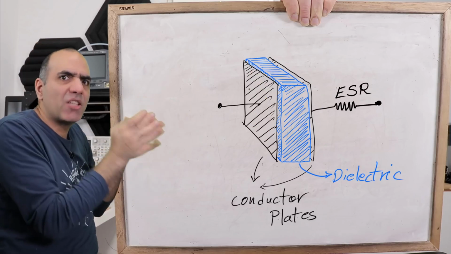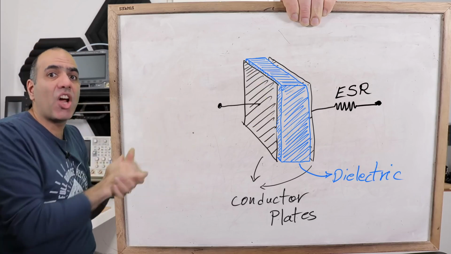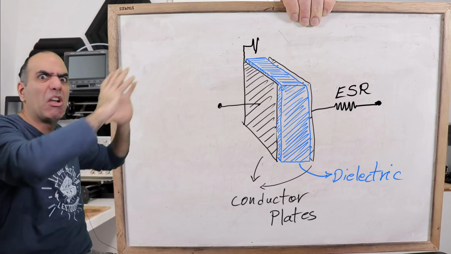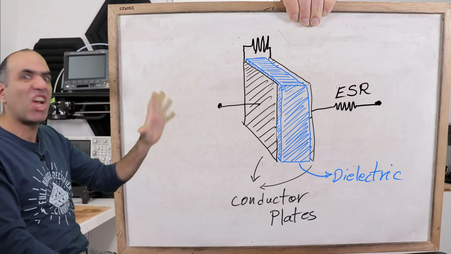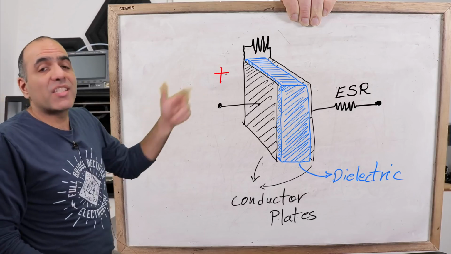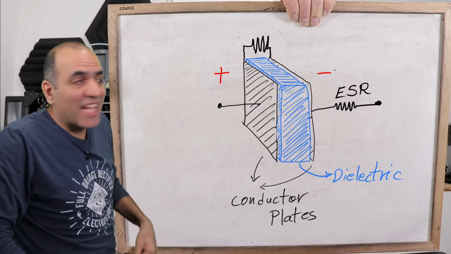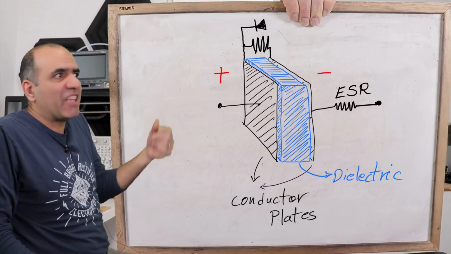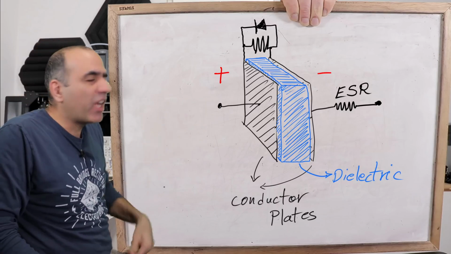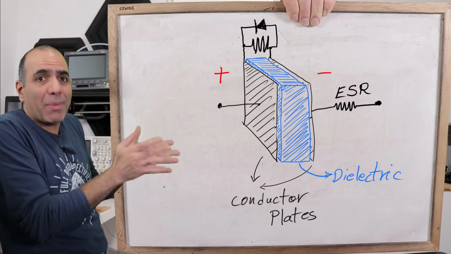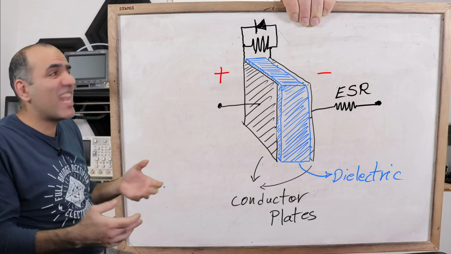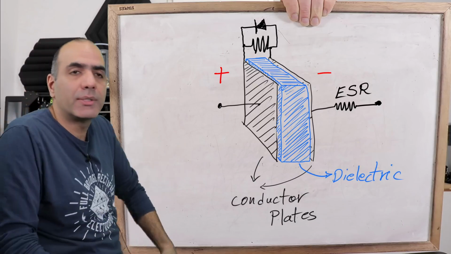Also, even the best dielectrics can leak very little current that we can show as a super large resistance. We always ignore it, it's so large, like giga-ohms. And then we have polarized capacitors like electrolytics, where the dielectric acts like sort of a diode. I explained all these in my video about capacitors, but any part of a capacitor can degrade, causing a less capaciting capacitor. It's not a word!